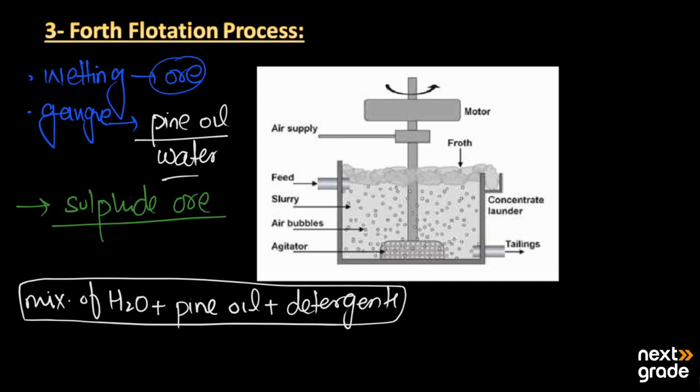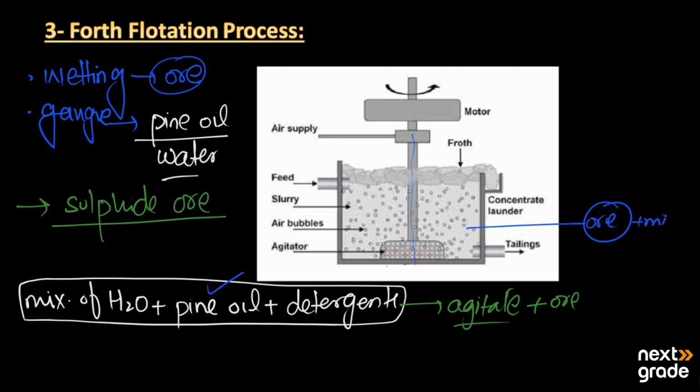Now this is used to agitate the ore with that material. In this picture, you can see that we have the agitator put up there, and we put the ore and that mixture in, and we agitate it with the water while air is being supplied.